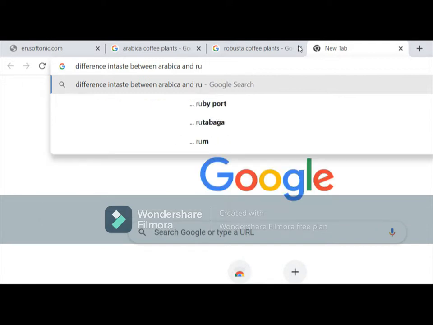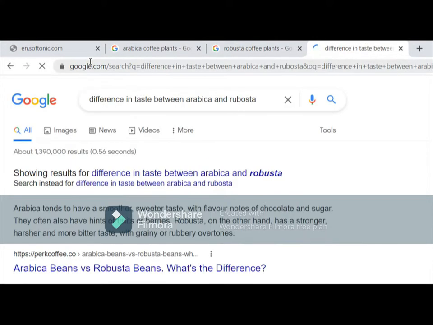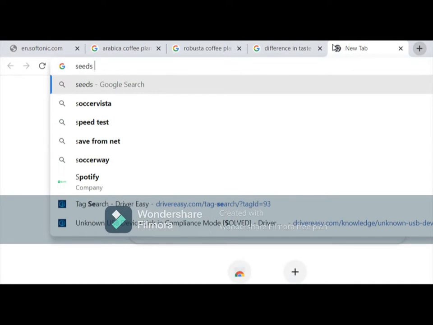For sure, if someone has gone to a cafe or a coffee shop and ordered Arabica coffee, and some other person orders Robusta coffee, they don't get the same. Tastes are different. Like here, they're saying Arabica coffee tends to have a smoother, sweeter taste with flavor notes of chocolate and sugar.